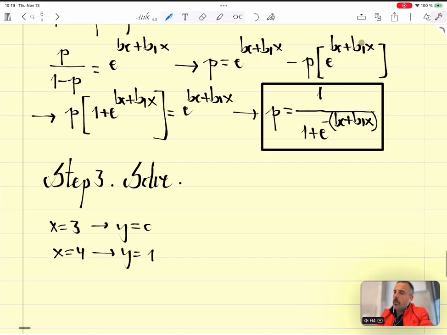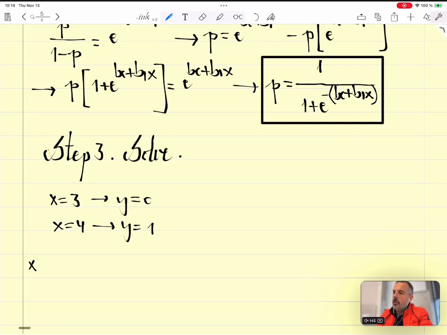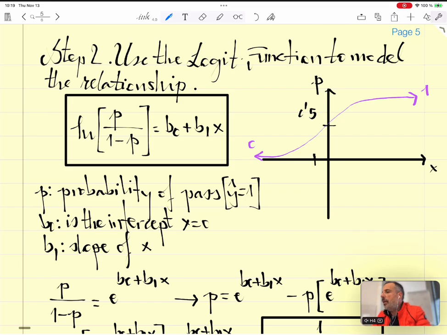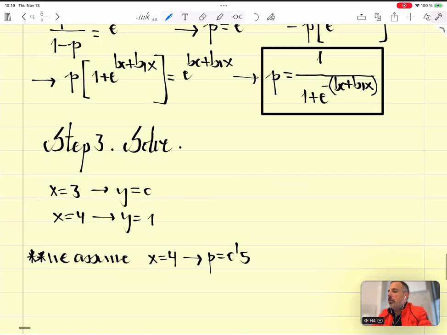So we assume that if x equals 4, then p is 0.5. We assume that here we are between 3 and 4, okay? And with that assumption, we apply this to the equation above.